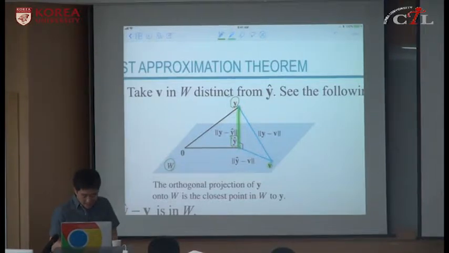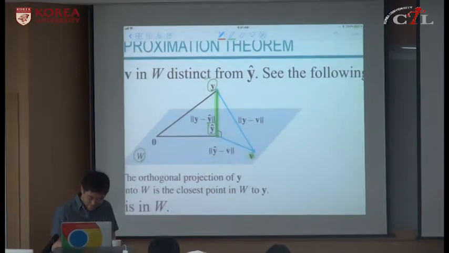Let's briefly look at the proof. Suppose you pick any other vector v as another approximation of y, and this v also belongs to W. What is the error vector? The first error vector is y minus y hat, and the second error vector is y minus v.